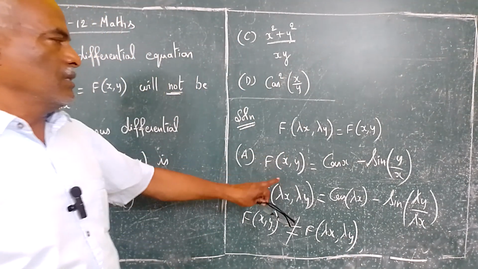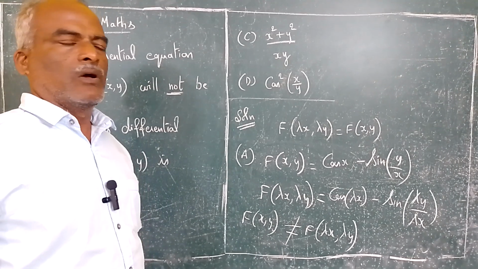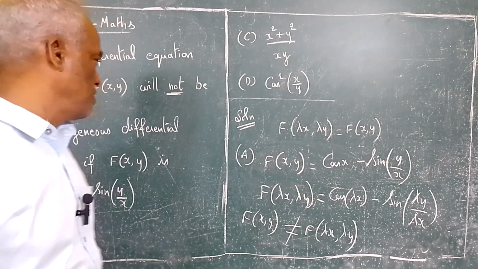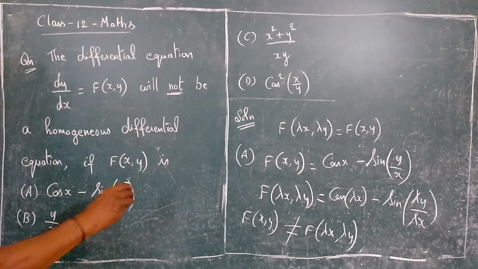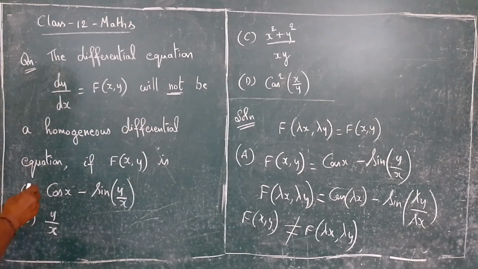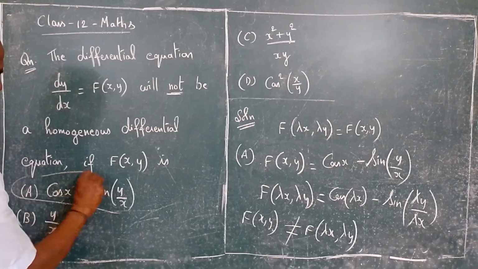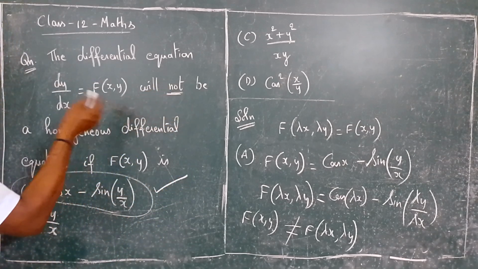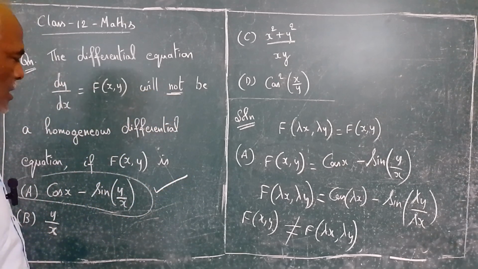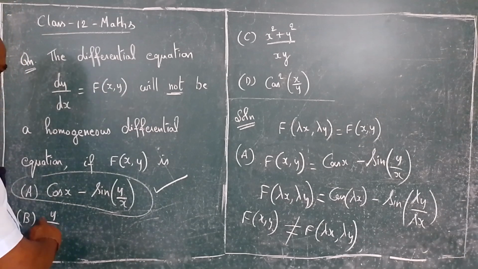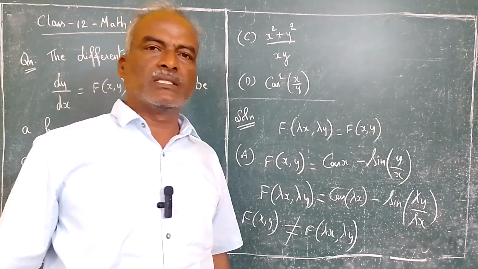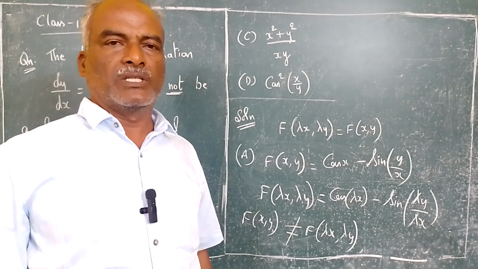So the given function in x and y is not a homogeneous differential equation. So the correct option is option A. This is not a homogeneous differential equation, whereas options B, C, D are homogeneous differential equations.